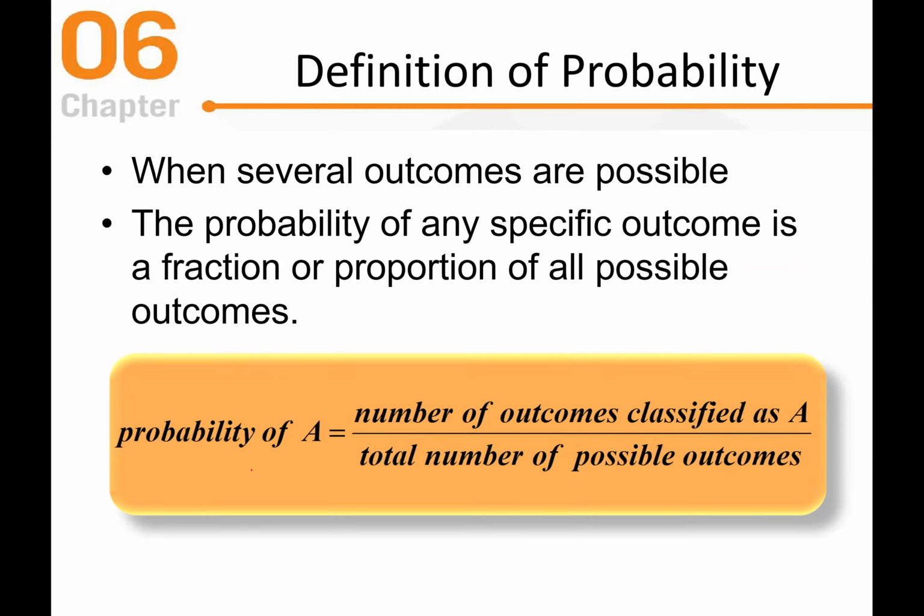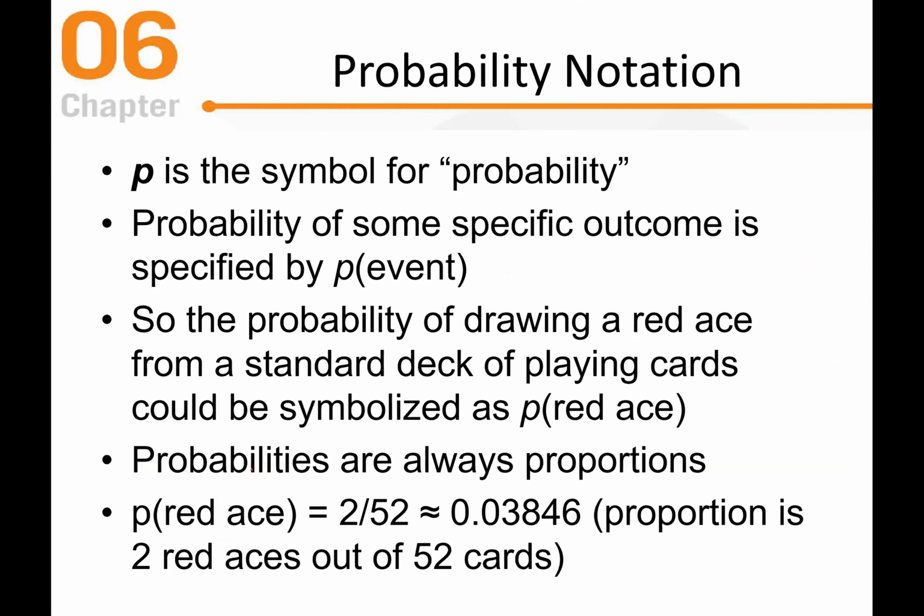Now we're going to work on some examples of this. The notation for probability is an italicized, lowercase p. That's going to be very important because it is going to stick around with us through the entire course. That p stands for probability.